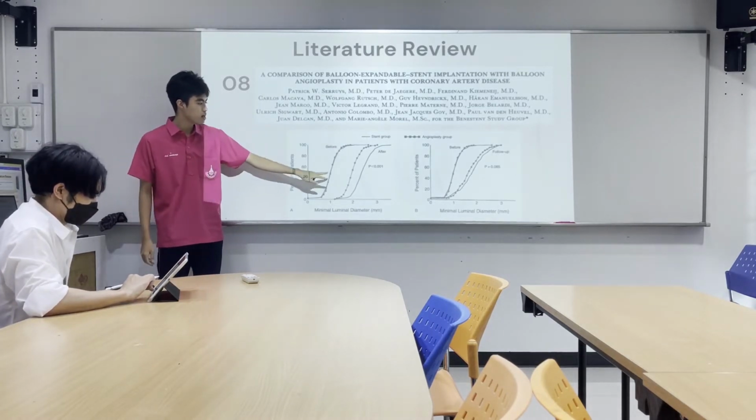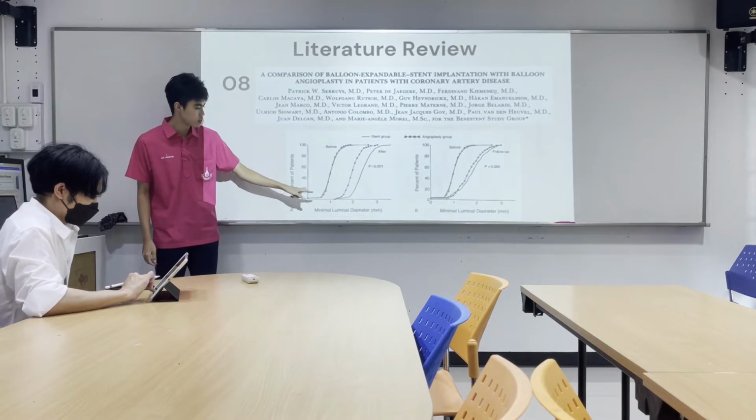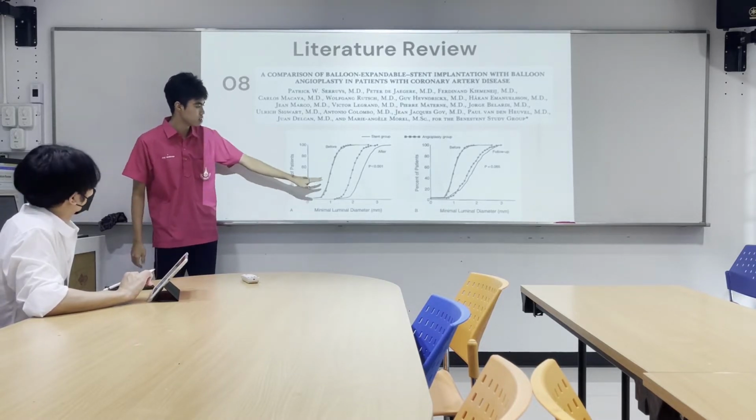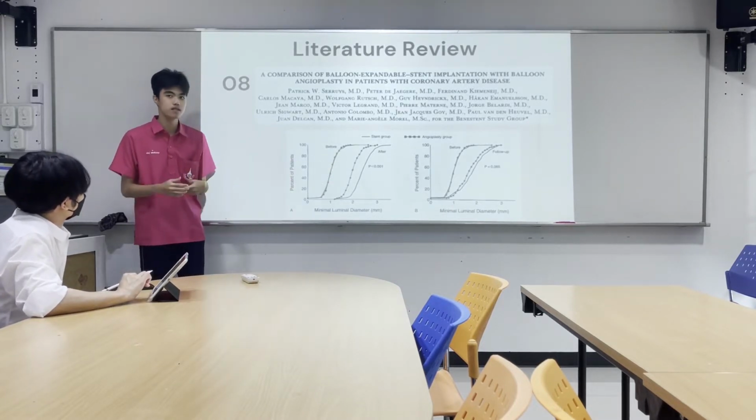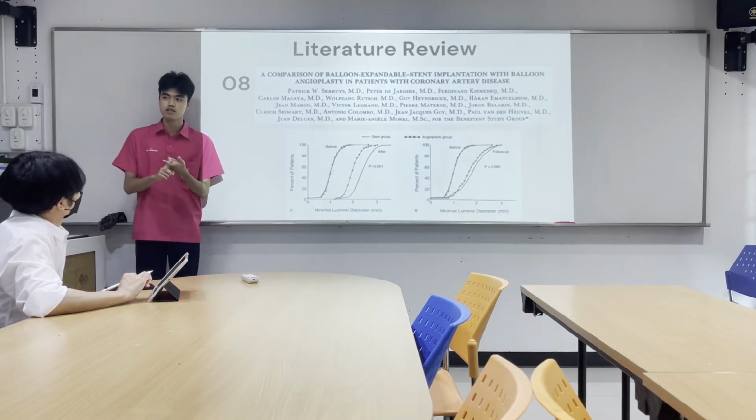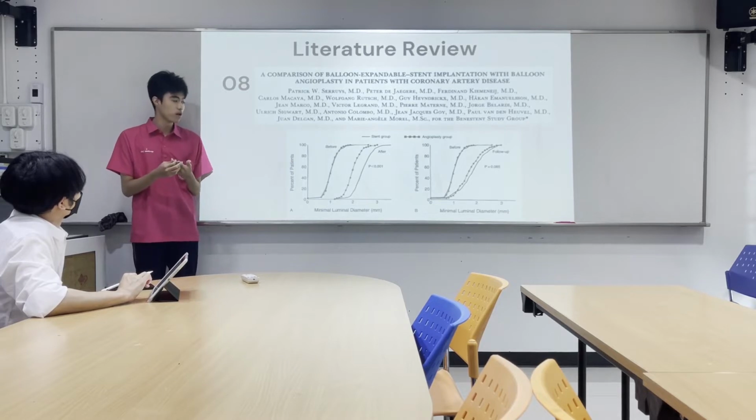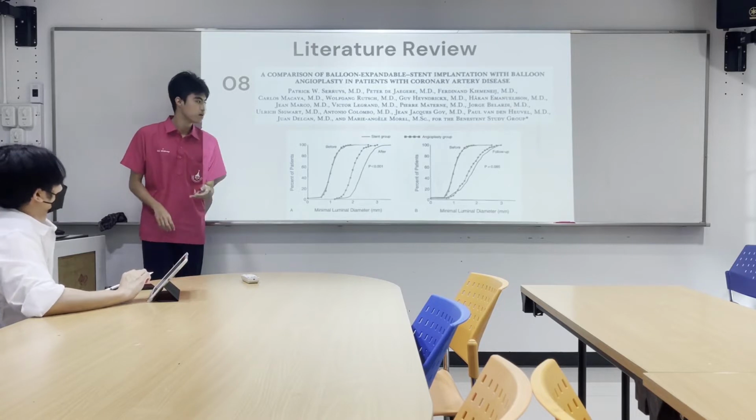You can see right here in the stent group, the luminal diameter is far more than in the normal angioplasty one. So basically, you can conclude that when stents are combined with balloon angioplasty, it can result very well in patients who have coronary artery disease.